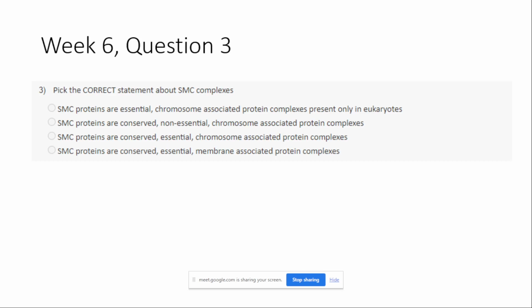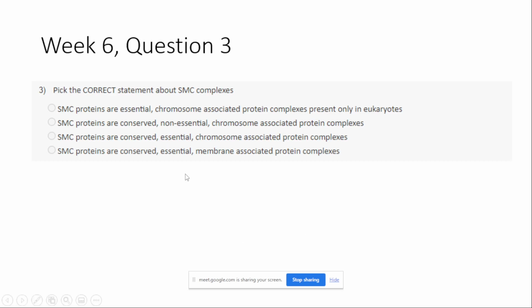They're conserved, right? The first statement says they are present only in eukaryotes, so it is not true, because they are also present in prokaryotes. So that's why they are conserved.